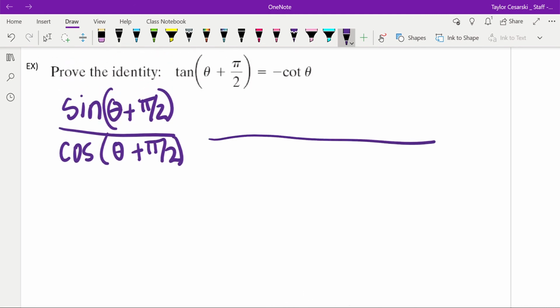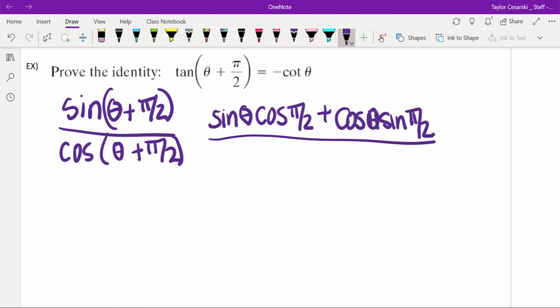All right, so the sine is going to turn into sine of theta, cosine of pi over 2, plus cosine of theta, sine of pi over 2. And on the bottom, I have cosine of theta, cosine of pi over 2, minus sine of theta, sine of pi over 2.